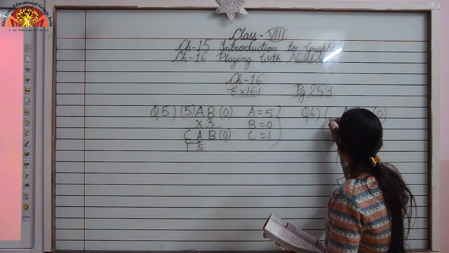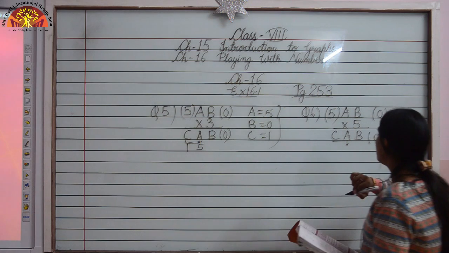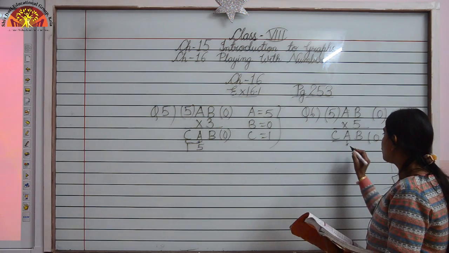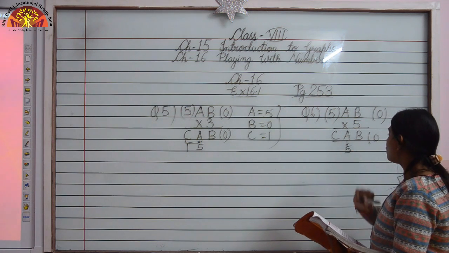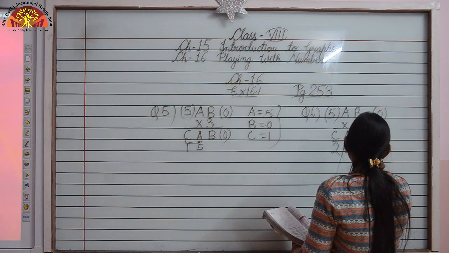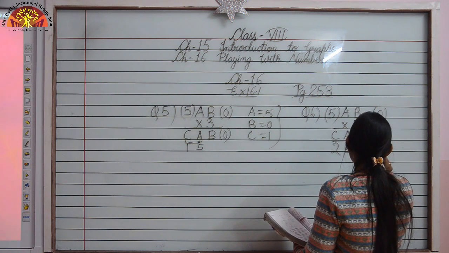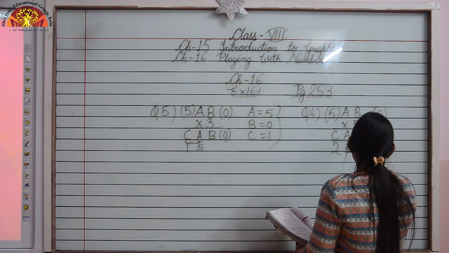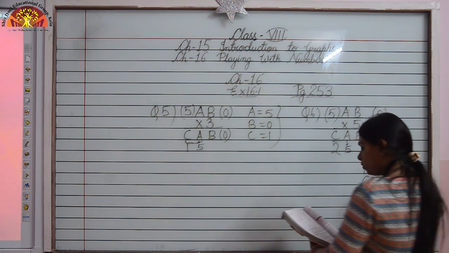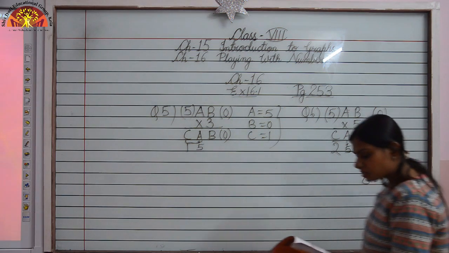But if I am taking A equal to 5, so you can just see 5 5s are 25. So again the value of A is here 5 and C is equal to 2. So the value of A is equal to 5, B is equal to 0 and C is equal to 2. Is it clear, students? Okay.